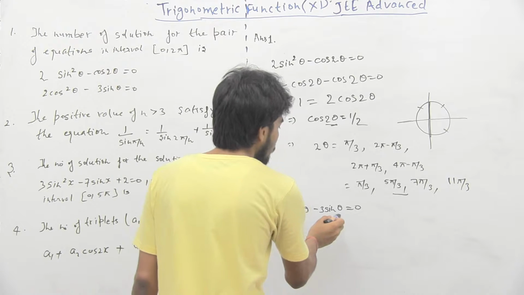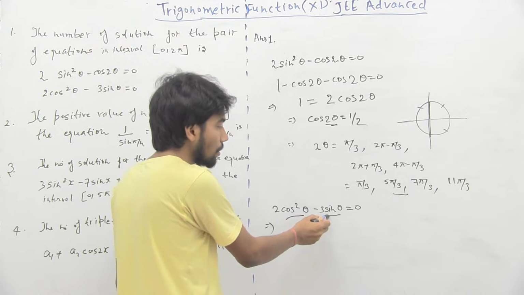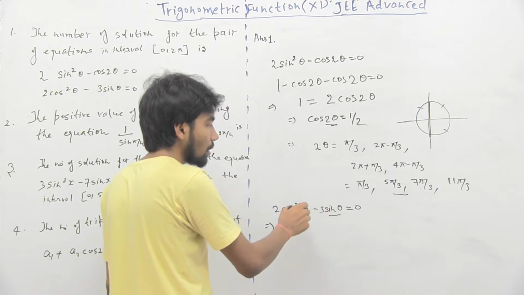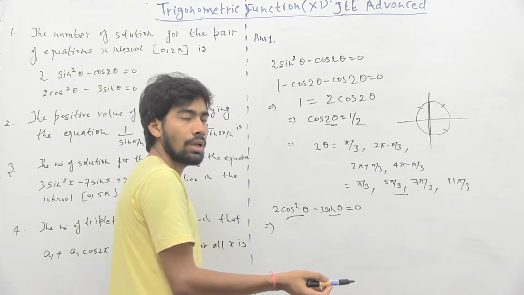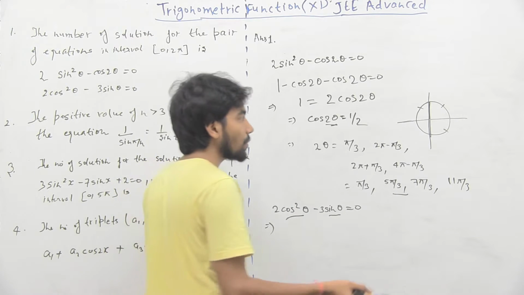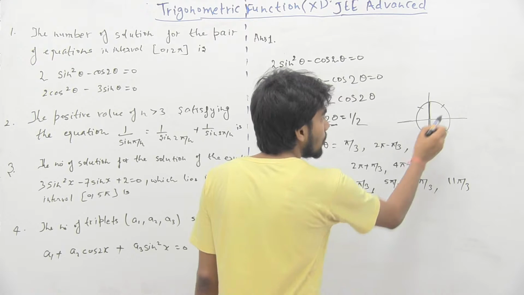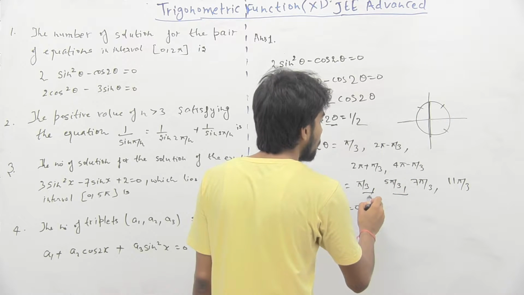Here sin theta should be positive to get canceled out, and we will have LHS equal to 0. So we can easily see that pi by 3 is in the first quadrant, which will be positive.